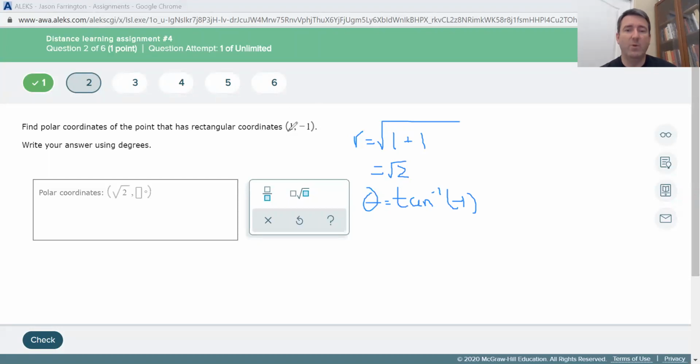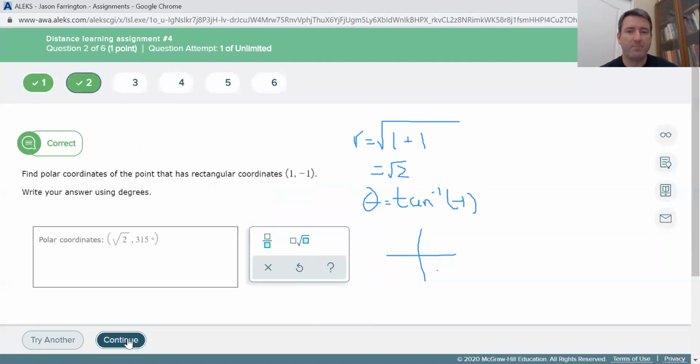But again, we look at which quadrant we're going to be in. And if we go out 1 and down 1, we're going to be in this quadrant down here, number 4. And so that's going to give us 315 degrees for our answer there. 315 is the angle that gives us a tangent of -1, and that is in quadrant 4.